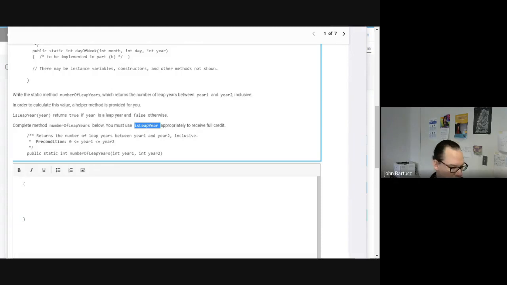It can just be in English, given year 1 and year 2. It can be in Java, it can be however you want to do it. I just want you to think about how you would write this.